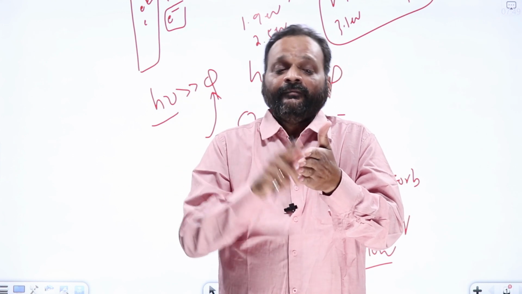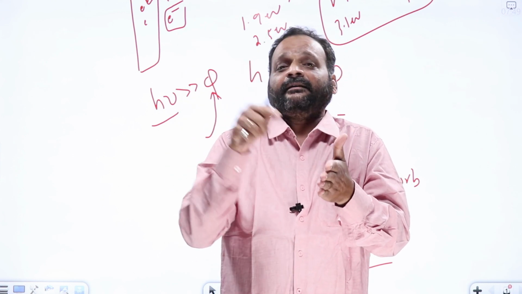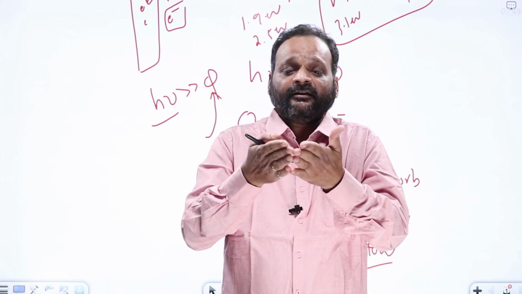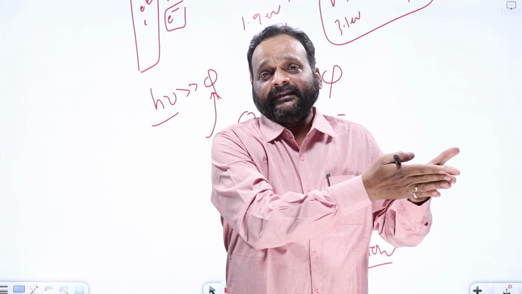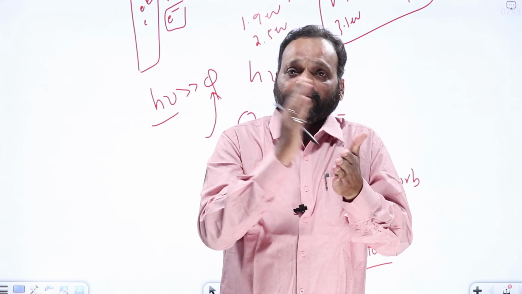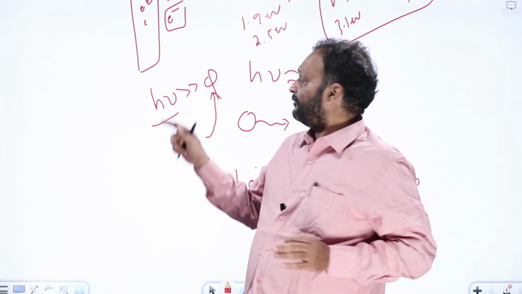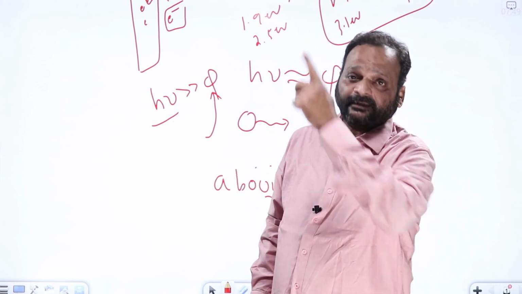In Compton effect, both the electron and the photon will be there. The photon gets scattered with somewhat lesser energy. The electron will recoil with that extra energy it has gained. So if it is a bound electron phenomenon, photoelectric effect. If it is a free electron phenomenon, Compton effect.